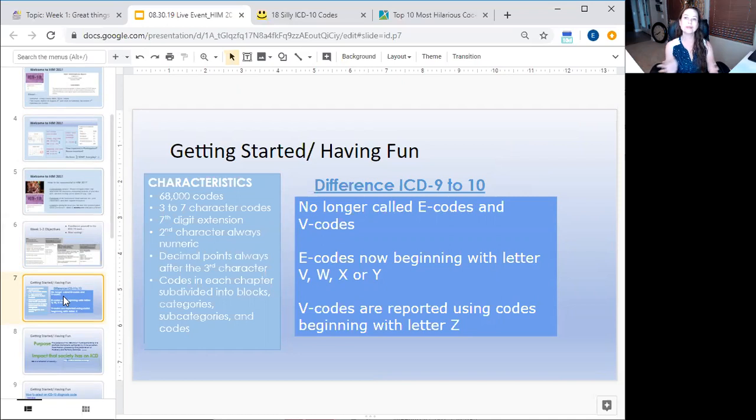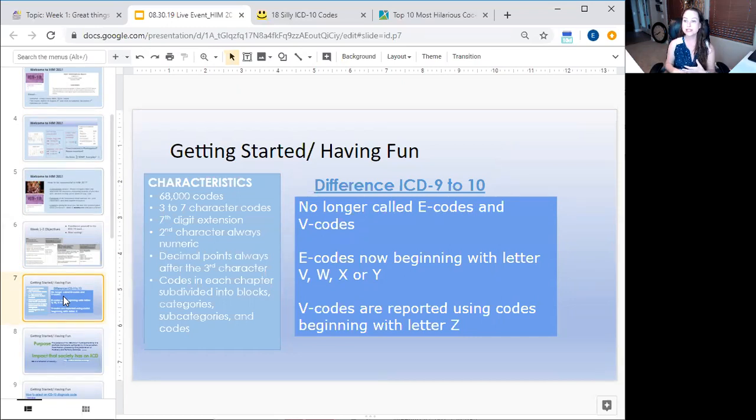but you're gonna find if you're in the field of coding that there's a lot of people that were pre-10, right? So what are some of the things when they would reference back to ICD-9, because you will still hear it? Well, some of the difference between 9 and 10, there's no longer E codes or V codes. They're actually beginning with different types of letters now. So E codes were things like identified places where things could have happened.